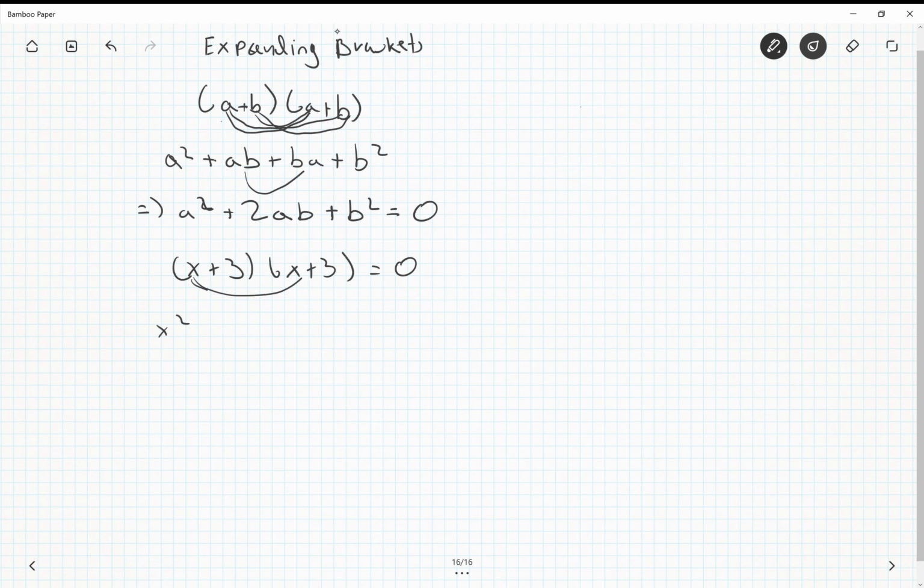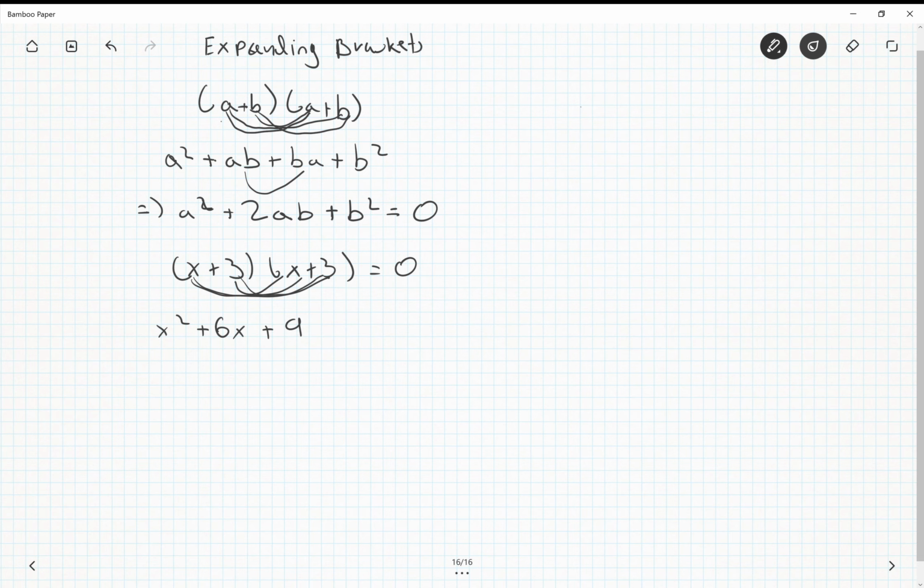Then we multiply x with 3, that makes it 3x. Then we multiply that again with 3, so that equals 3x. So 3x plus 3x equals 6x. So we can already make it x squared plus 6x. And then we can do 3 times 3, which equals 9, which is basically 3 squared.